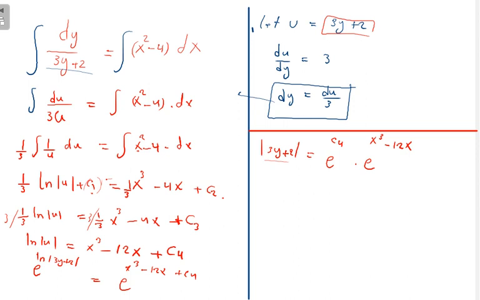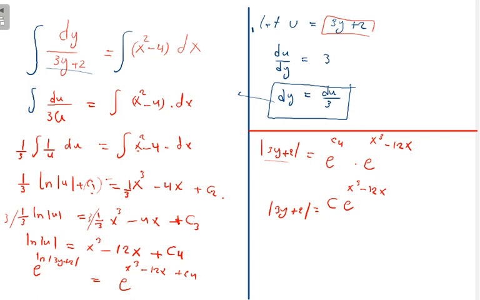Now, okay, let's define a new constant here. Exponential c4, the exponential of a constant is a constant. Let's define a new constant, name it c, then c multiplied by exponential x cubed minus 12x will be equal to the absolute value of 3y plus 2.